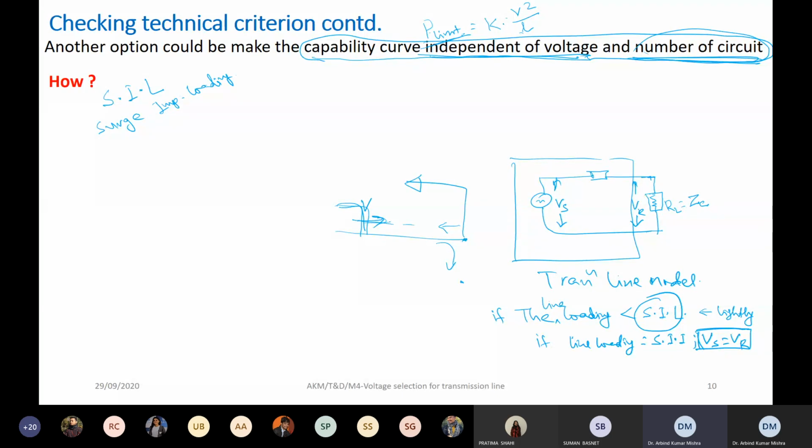For example, in case of open circuit, if the voltage V reaches this point, the whole wave goes back because there is no path to go further. So the voltage is doubled.